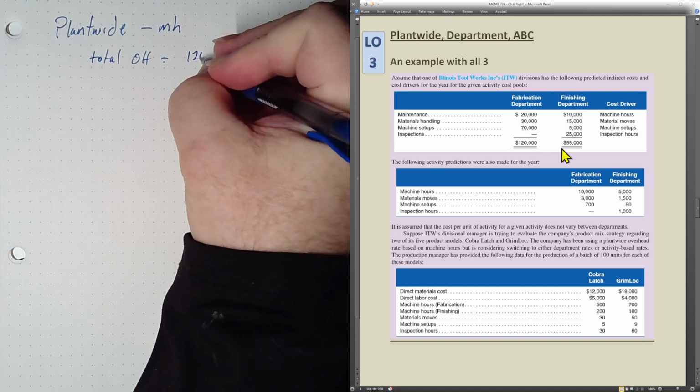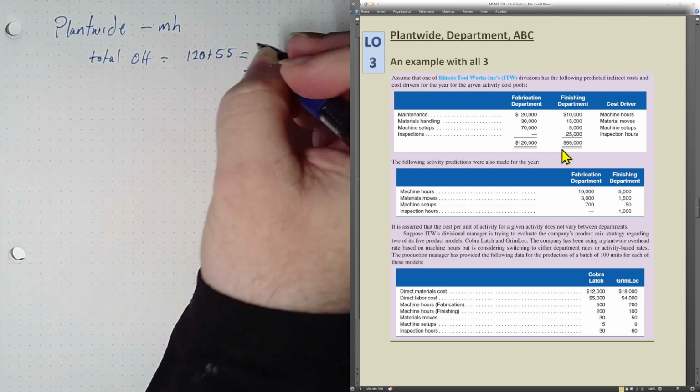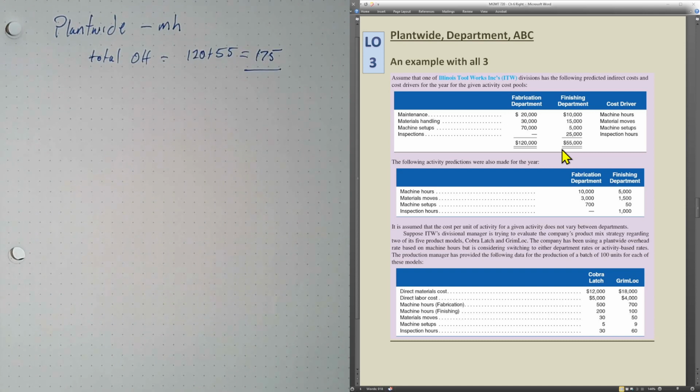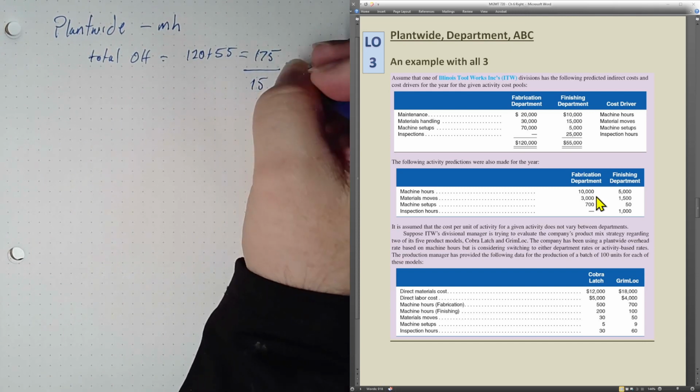So it's going to be a total of 175. And how many total machine hours do we have? If I look here, the two departments use a total of 15,000 machine hours.